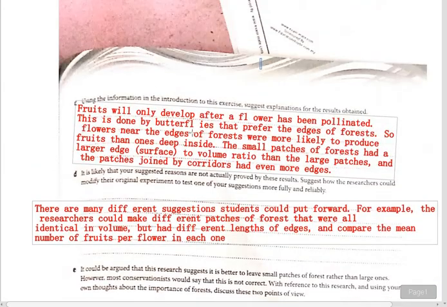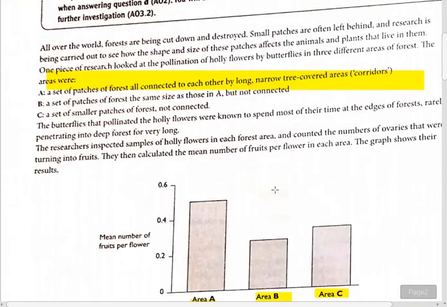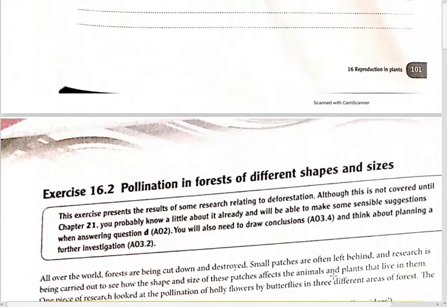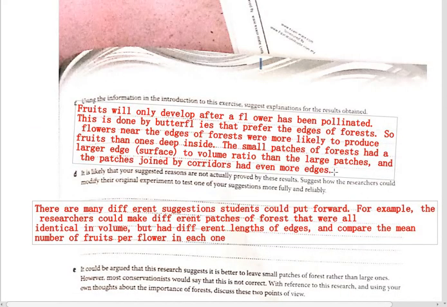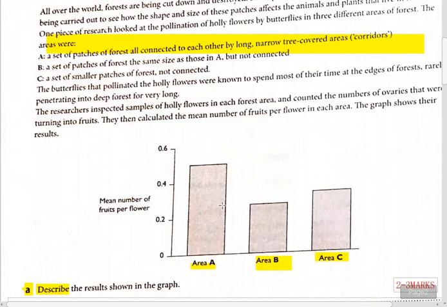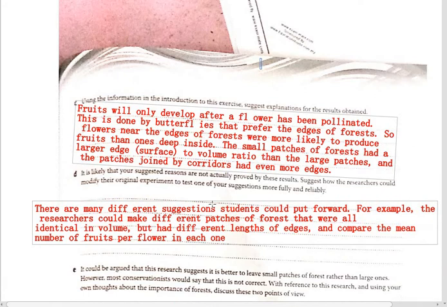So in the answer you can say that flowers near the edges of the forest were more likely to produce fruits, and the small patches of forest, which is area C, had a larger edge to volume ratio than the large patches in area A and area B, and the patches joined by corridors, which was area A, had even more edges. So this is how you have to correlate it.